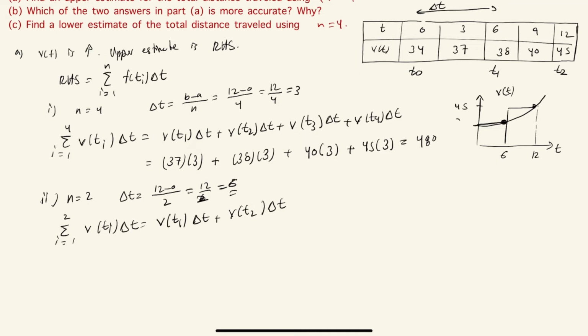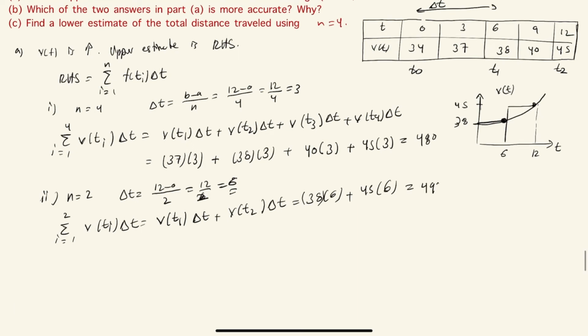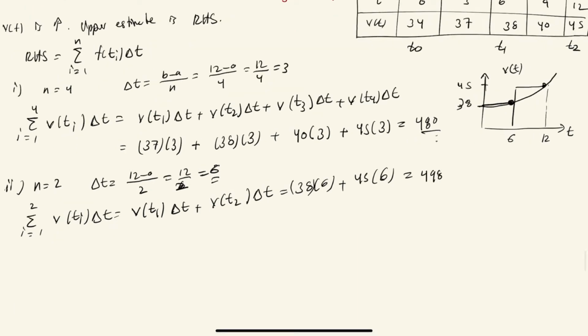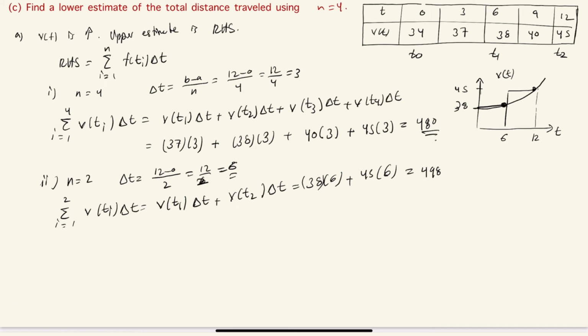So I'm going to multiply height by width, and then add these areas together. So v(t1) is going to be 38 multiplied by the width, and then v(t2) in this case is going to be 45 multiplied by the width. The result is going to be 498. So these are the results from part A.